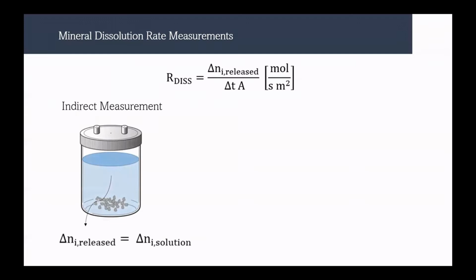And we can measure this in two ways. There is one obvious method, which is measuring the amount released from the mineral surface by measuring the increase in concentration in the solution.